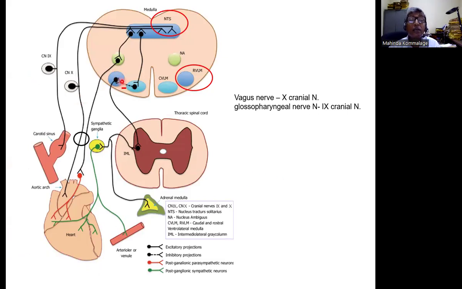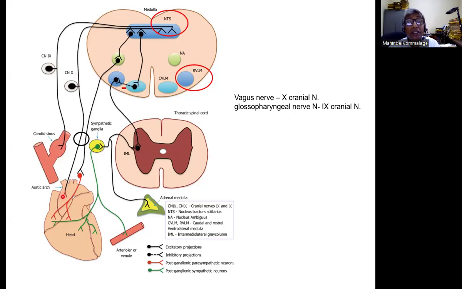RVLM is connected to places called NTS and CVLM. And this NTS will get impulse from different places. One is the baroreceptor. There are two baroreceptors, one from the carotid sinus and one from the aortic arch.